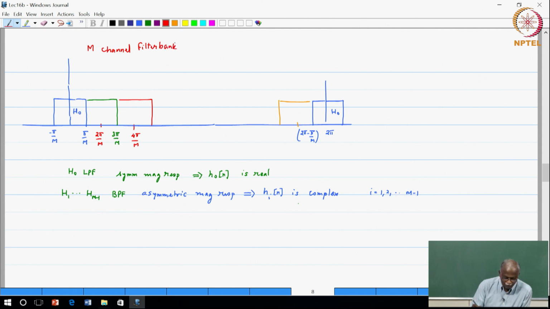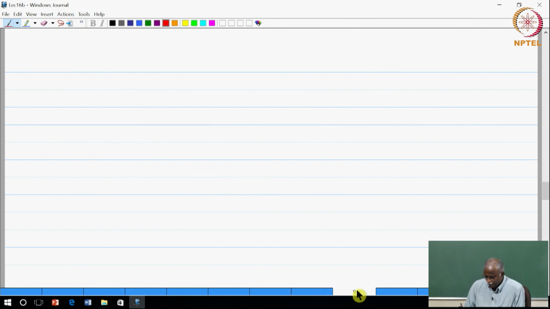And this turns out to be a very interesting and a very rich area, and we will spend quite a bit of time studying and analyzing this particular case.